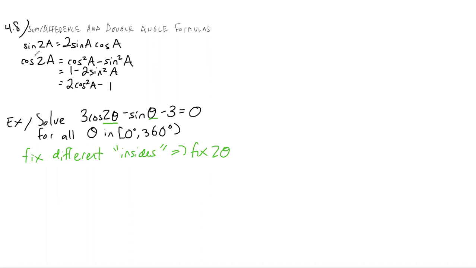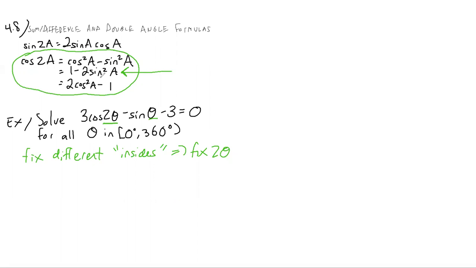And so that's going to be my double angle formulas for cosine. And if you're remembering some of the principles that we've talked about with equation solving, we usually want the same thing showing up again and again. So in particular, I'm going to choose the version of the double angle formula that only has sine in it, because if I have cosines as well, that's a whole other problem that I'm introducing.